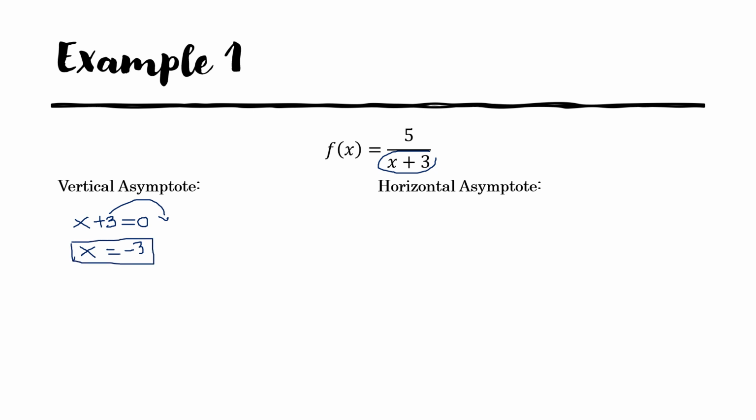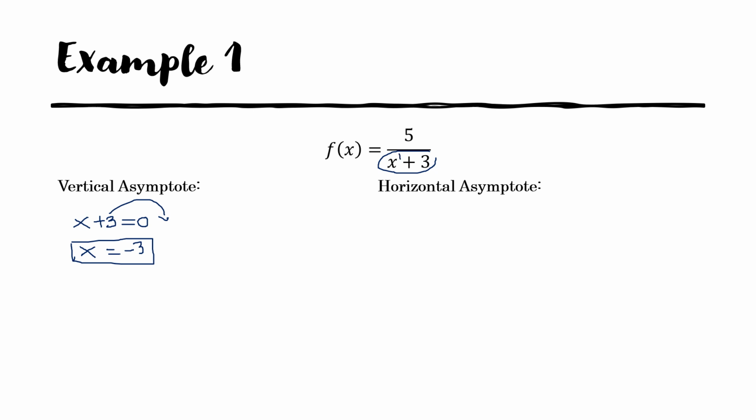Now, the horizontal asymptote. Let us take a look at the numerator. It is a constant. Therefore, the n, or the exponent, is 0. In the denominator, the exponent of x is 1.